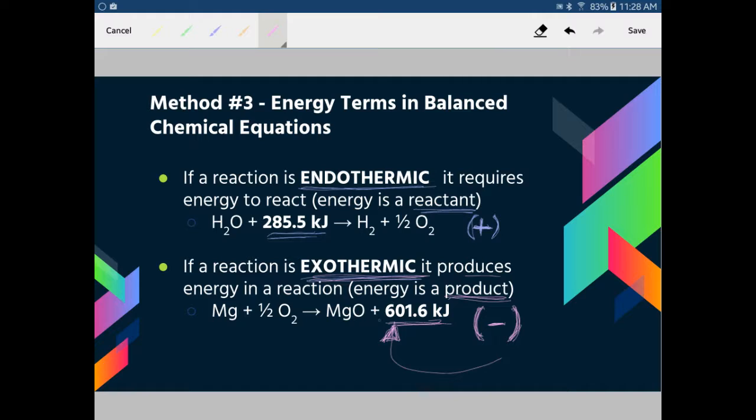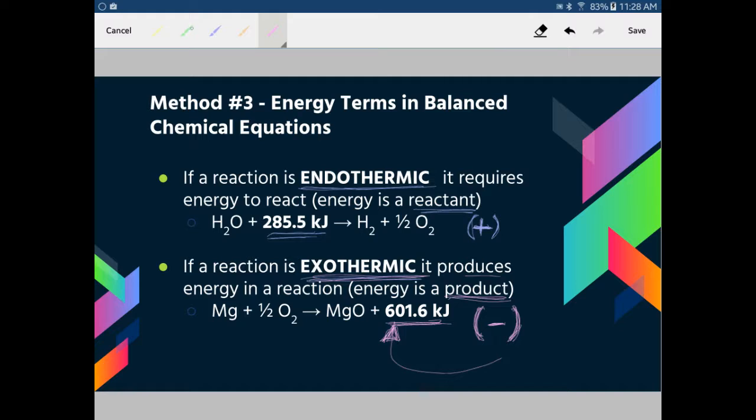So we do not ever record that as a negative 601.6. We record it just as the absolute value, but putting it on the product side indicates that it is a negative value.